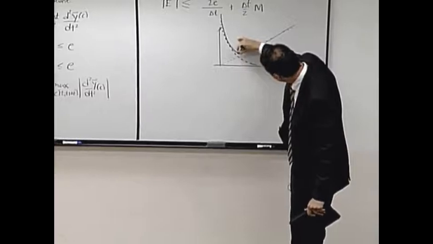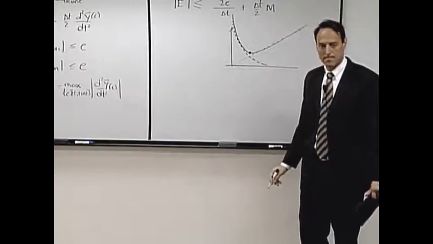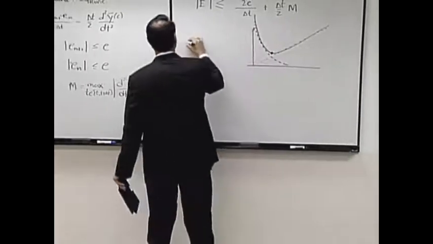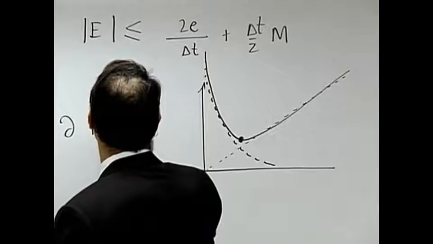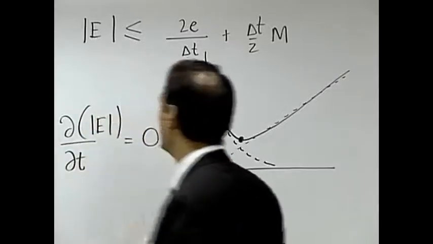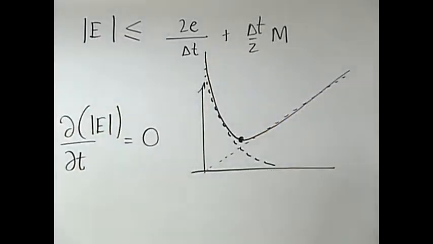Where is the best point? There. Now, I'm trying to find the minimum of that curve, right? So the minimum of that curve, what you could do is just take that formula there and say, I want to take this, differentiate with respect to t, set it to 0, and I know it's the minimum because there is no maximum error.